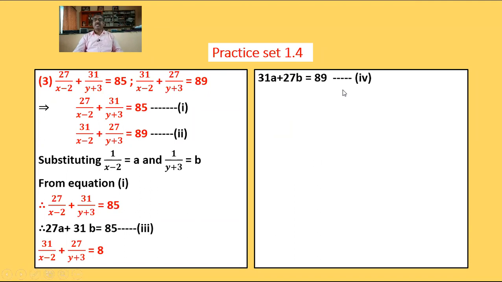From equations 3 and 4, we see the coefficients of a and b are alternated. To solve such equations, first add equations 3 and 4, and next subtract equations 3 and 4.